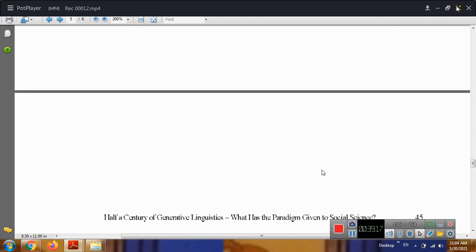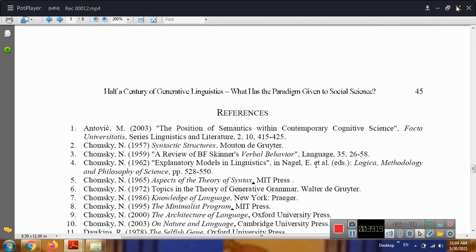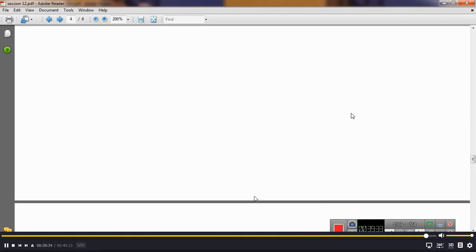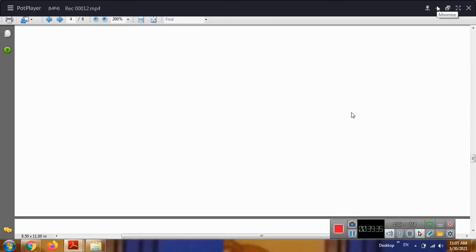Okay, that was in this session, and in the previous session we explained the article which introduced the concept of generative theory and its important matters.